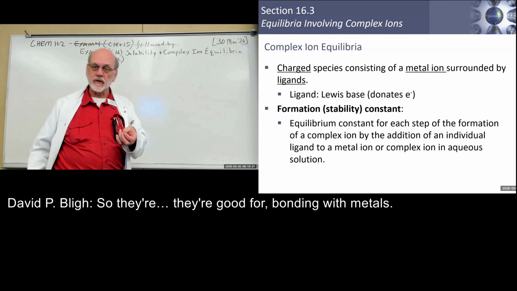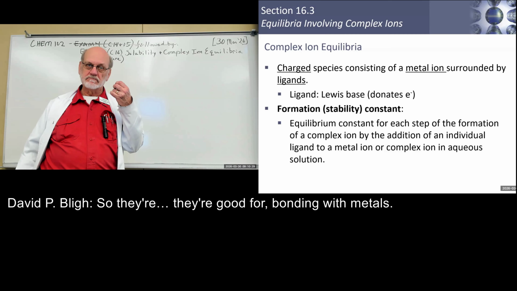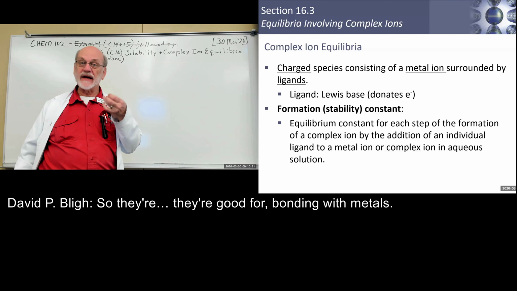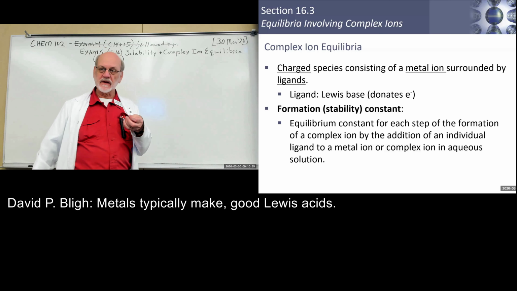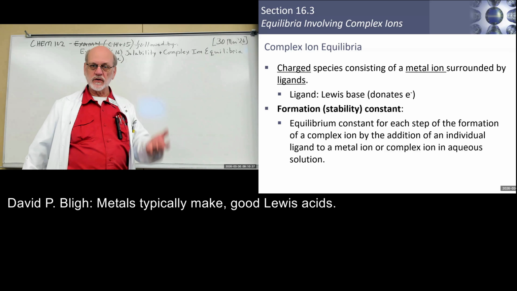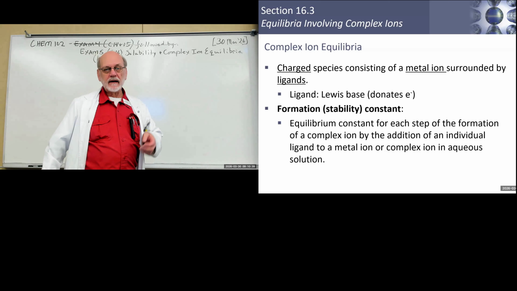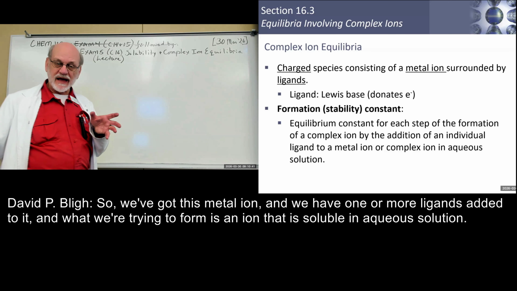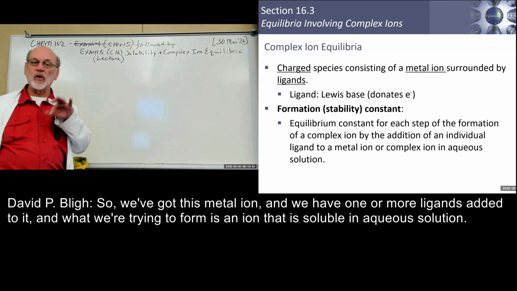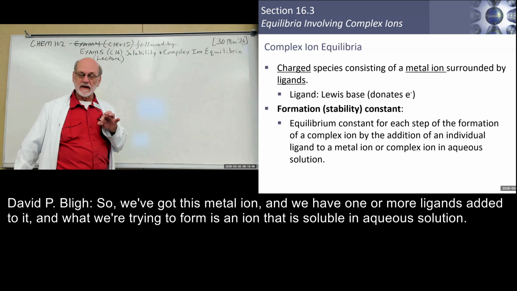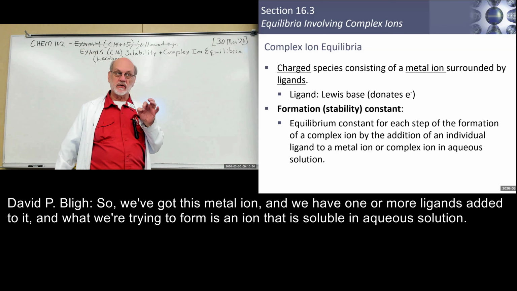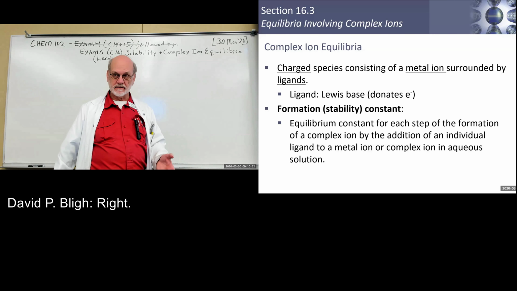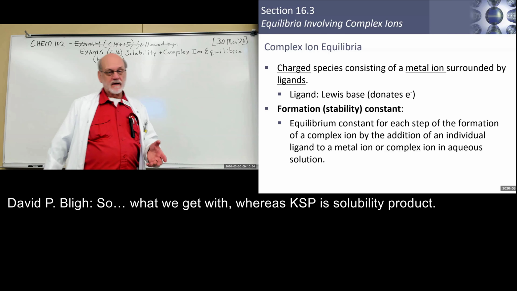So they're good for bonding with metals. Metals typically make good Lewis acids. So we got this metal ion, and we have one or more ligands added to it. And what we're trying to form is an ion that is soluble in aqueous solution. Right?